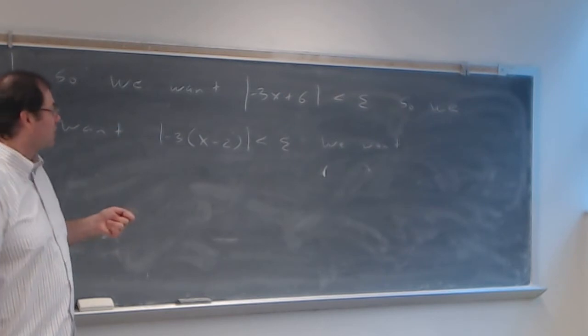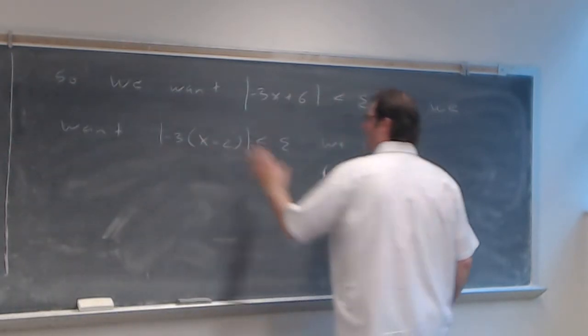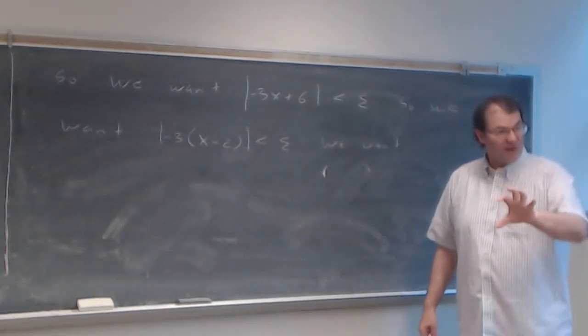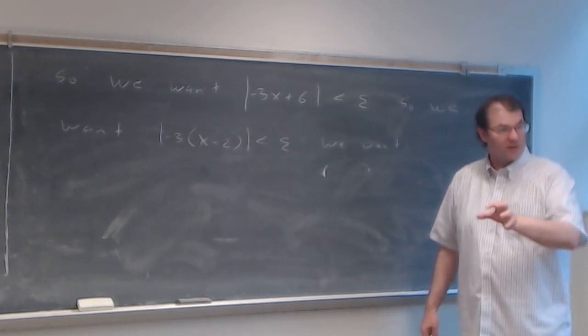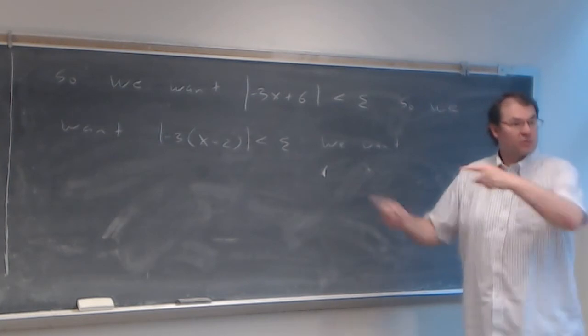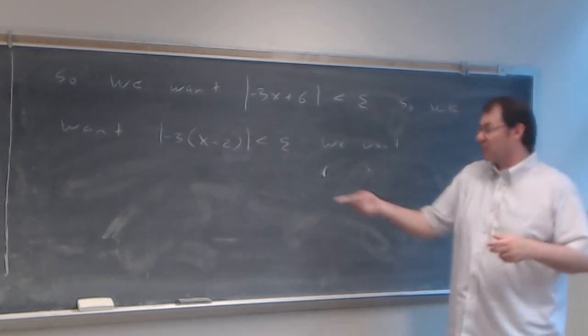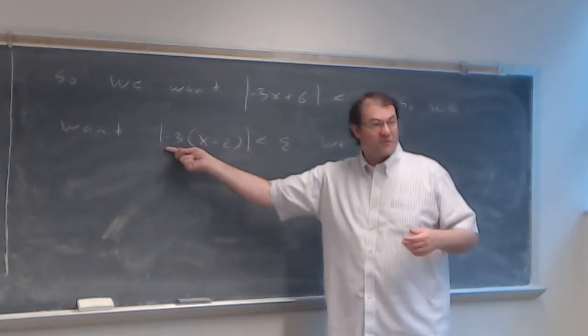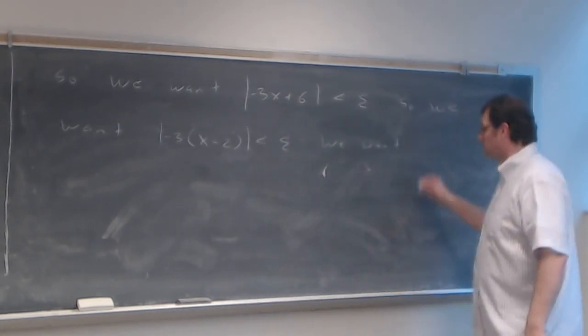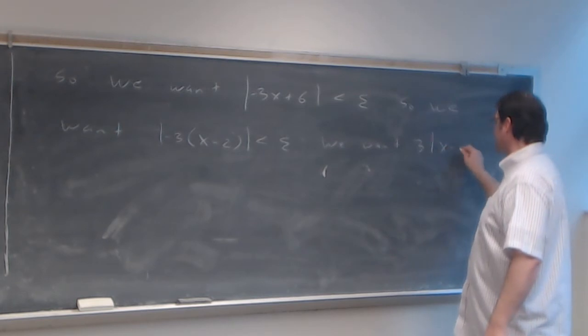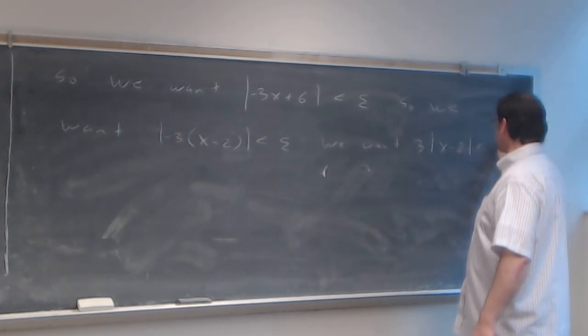Okay? So here, we want, how can I rewrite the absolute value of a product? The absolute value of two things multiplied together is the absolute value of the first times the absolute value of the second. So what's the first here? It's minus 3. What's the absolute value? So we want 3 times the absolute value of x minus 2 to be less than epsilon.